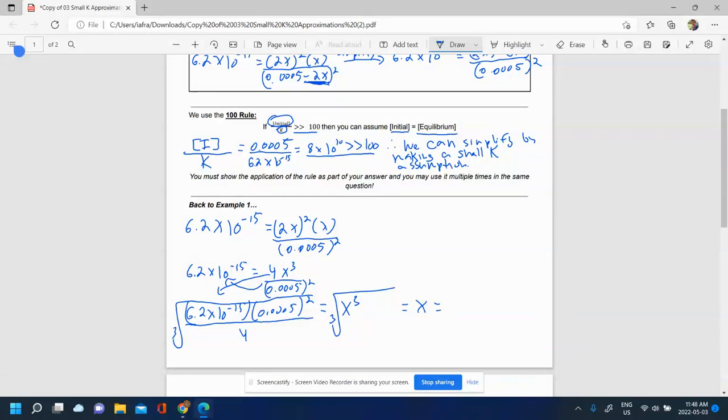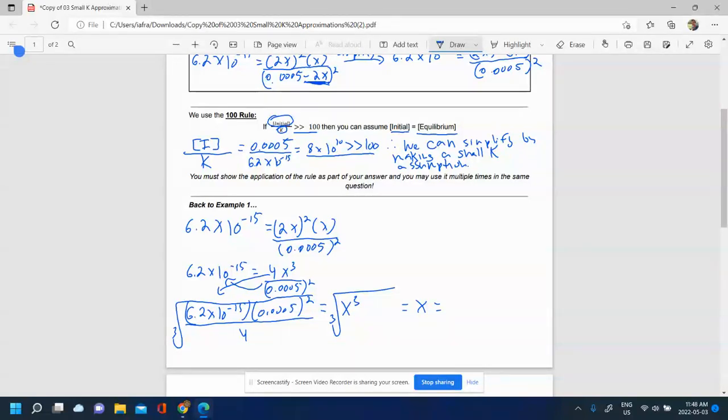Usually I like to put my calculator in scientific notation here, in the scientific mode. So 6.2 times 10 to the power of negative 15 times 0.0005 times 0.0005 divided by 4. Let's do the cubic root of our answer there.